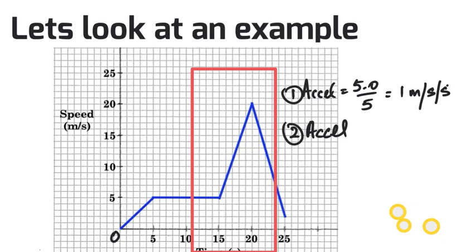Acceleration this time finishes up, reading up the top, at 20, minus, what did it start off at? 5. And how long was it? 5 seconds. So won't that be 15 on 5, which equals 3 m/s/s.